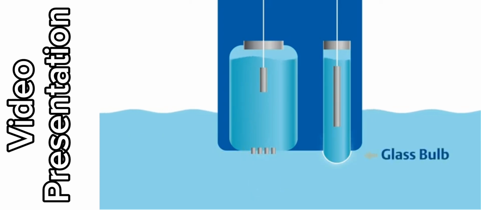The pH-sensitive electrode has a small bulb at its tip that is made of pH-sensitive glass. The electrical voltage across this bulb changes in response to the hydrogen ion concentration of the process fluid around it.